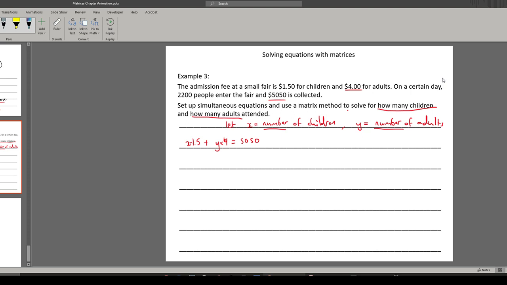And then the second equation is all the children that came in plus all the adults that came in is equal to the 2,200 people admitted. So I have now two equations with two variables, so I can solve. Let's form it in a matrix, and I'm going to jump straight into a preferred form.